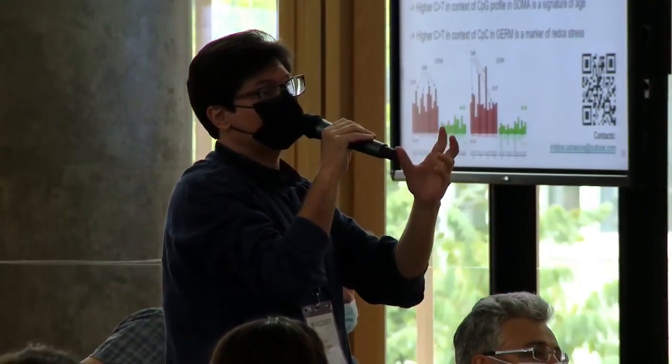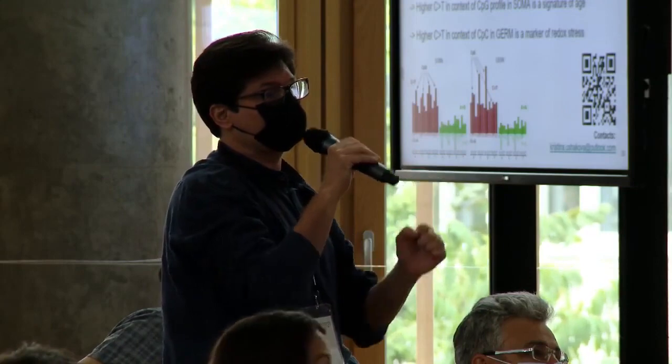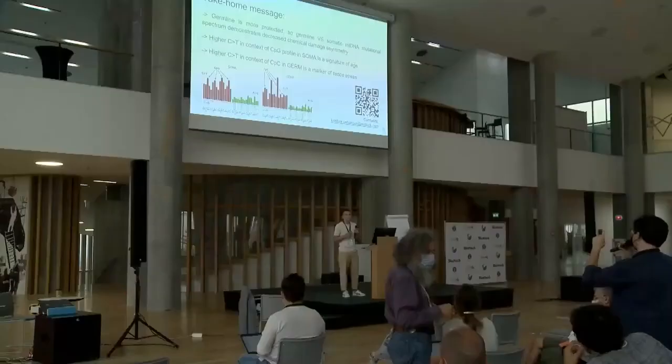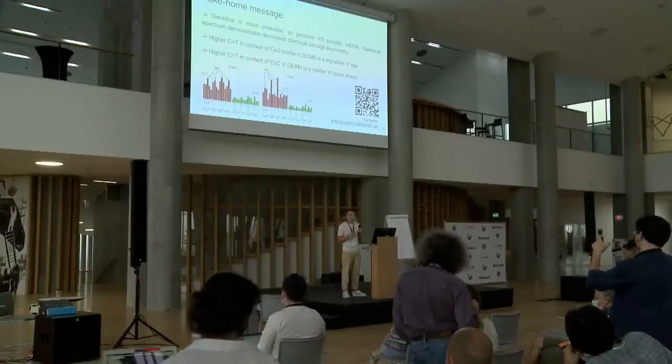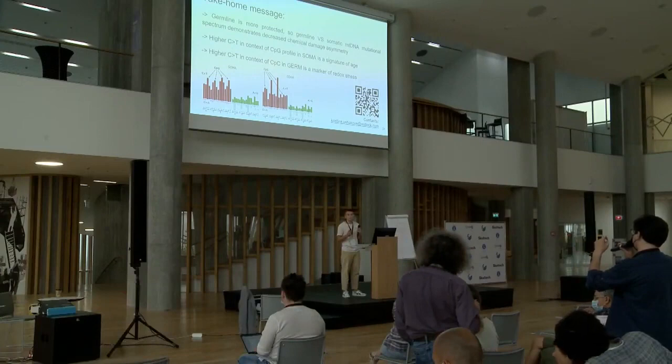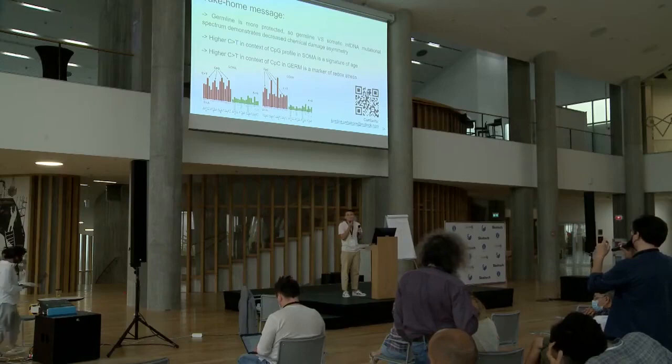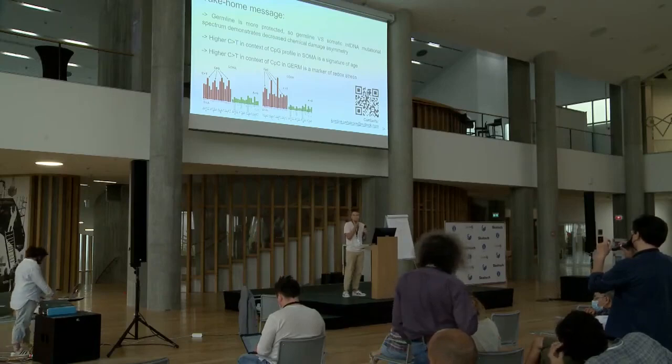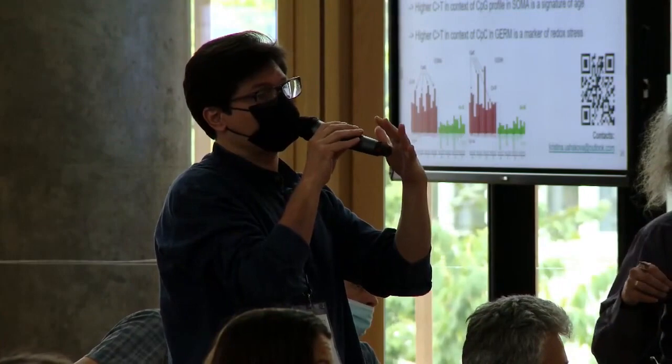I don't know if you took this into account in the analysis, or whether you combined mutations on both strands. Thank you for your question. We use the heavy strand of mitochondria, a single strand, like I told.